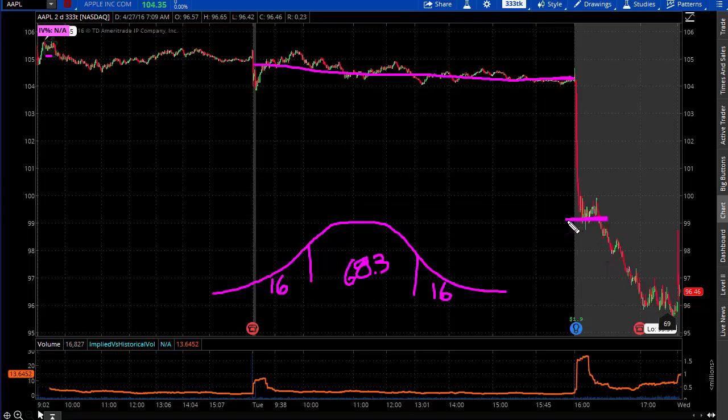And certainly we can see that the stock tried to remain within the expected move. A lot of times those get defended very vigorously at the edges, but eventually the supply got eaten through and we dropped far below that, at least by 3 points. So right now we're in a fat tail move after Apple earnings that occurred on Tuesday night.